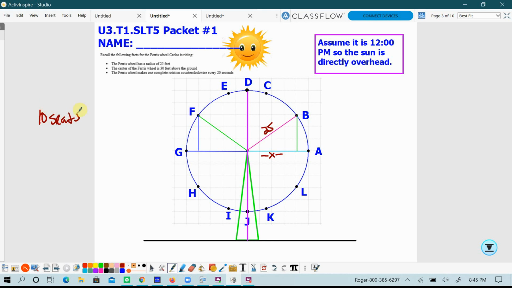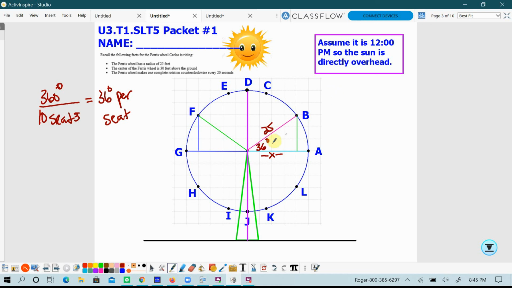We know there's 360 degrees in a circle. So that means there's going to be an angle of rotation of 36 degrees per seat. That's how I know this is 36 degrees. So if I'm looking for side X and I pay attention, side X is adjacent to 36 degrees, my reference angle.